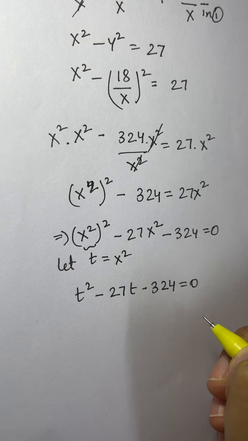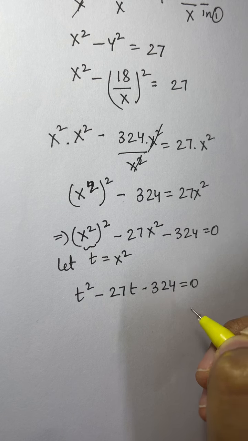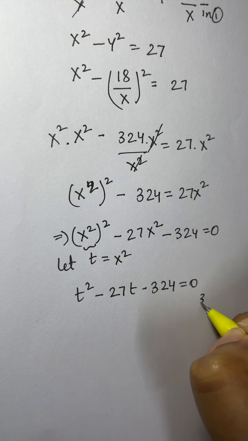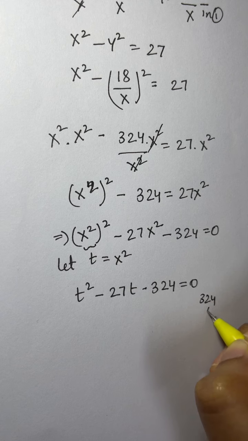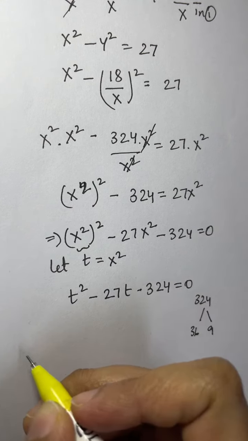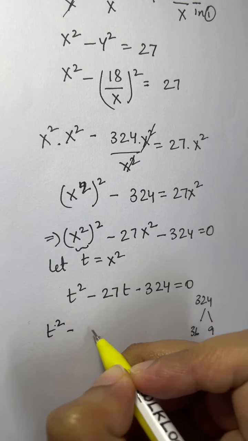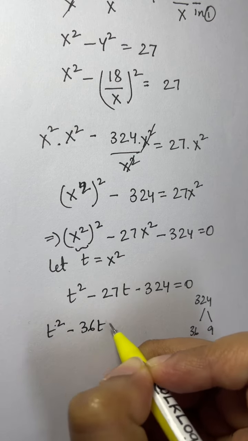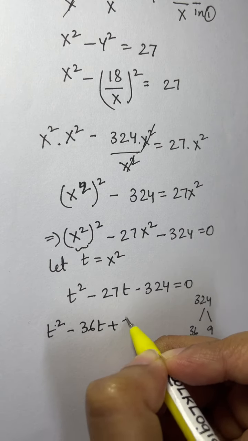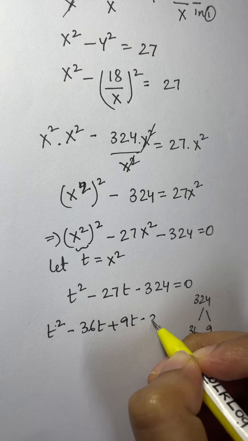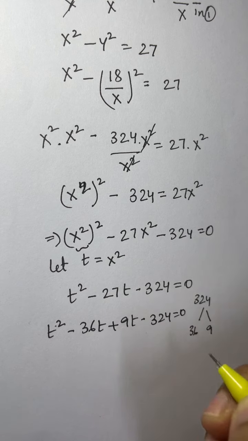You have a quadratic equation. You can factorize. What are the factors for 324? You can just take 36 and 9. Yes, so let's take that. So we have t squared minus 36t plus 9t minus 324 equals 0.